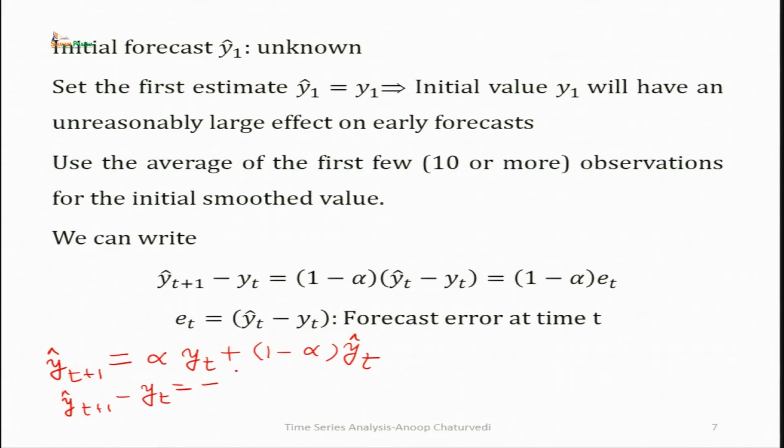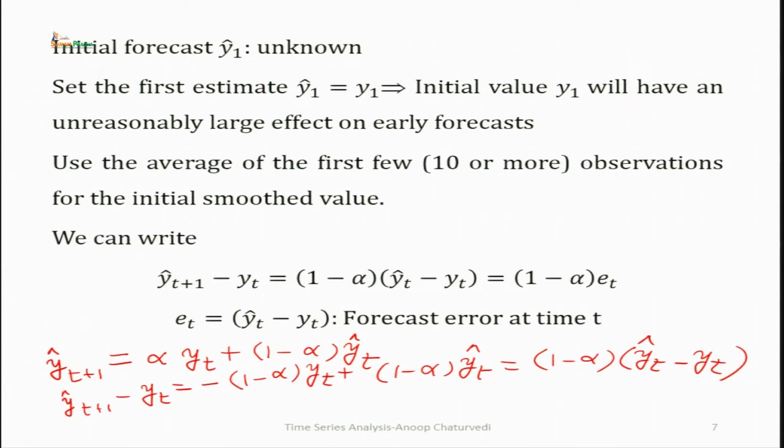So, you get -(1 - alpha) y_t + (1 - alpha) y hat_t, which is equal to (1 - alpha)(y hat_t - y_t). And suppose E_t is equal to y hat_t - y_t, which is the forecast error at time t, then this is equal to (1 - alpha) E_t.